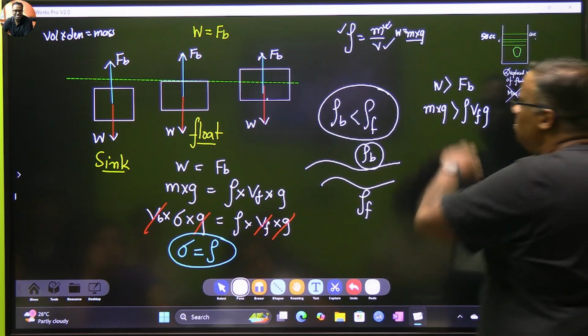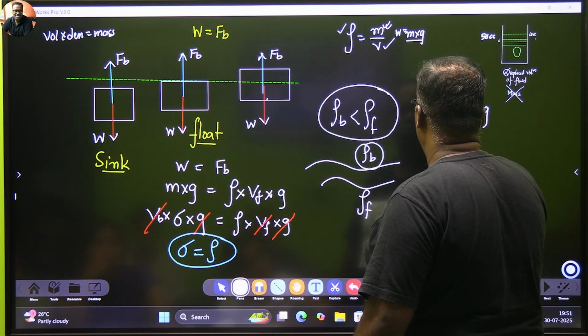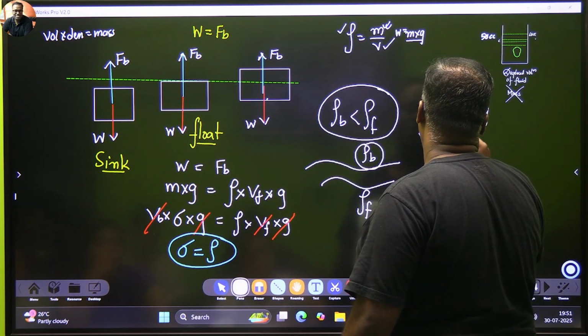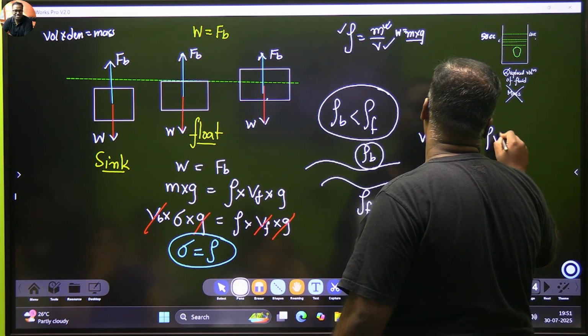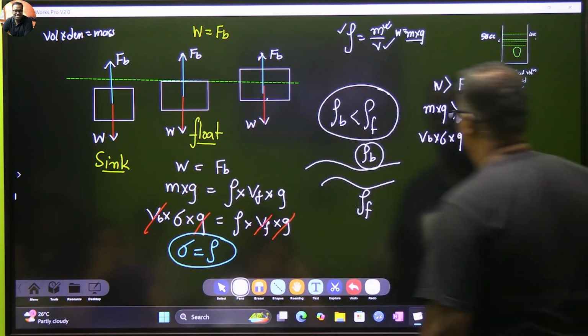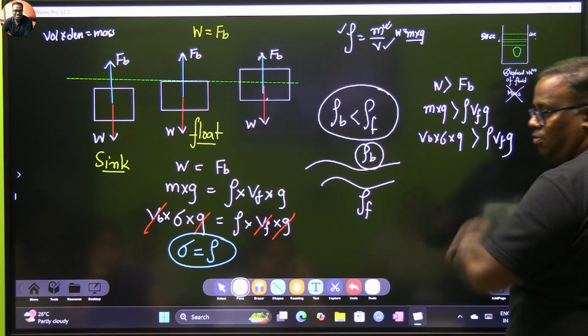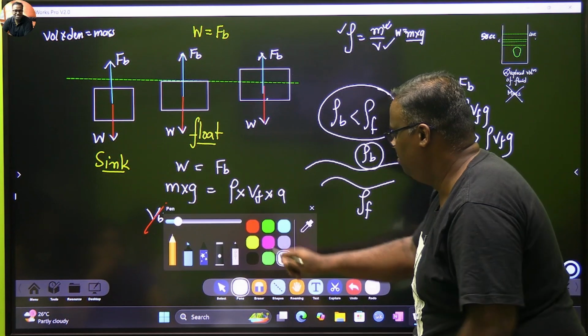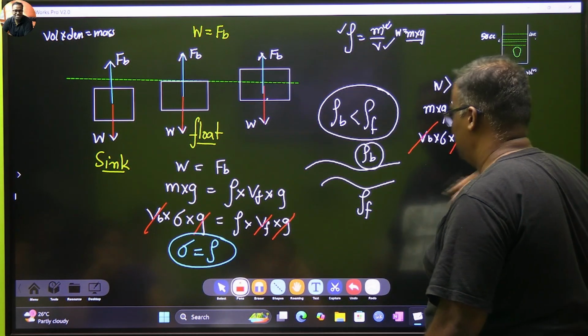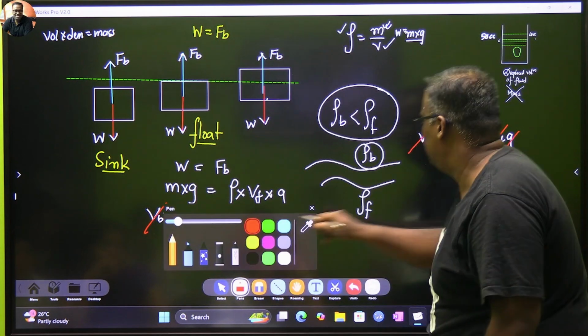Now, what is your mass? Volume of your body multiplied by your density, which is say sigma, multiplied by G. This should be greater than rho Vf into G. Since you have completely gone inside water, your volume and this volume are the same. So this volume cancels this volume, this G cancels this G, which brings us again to our interesting finding.